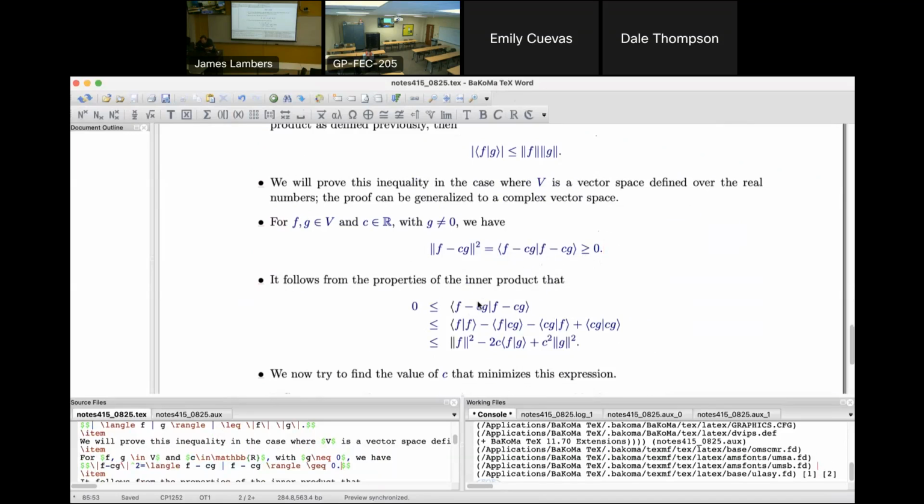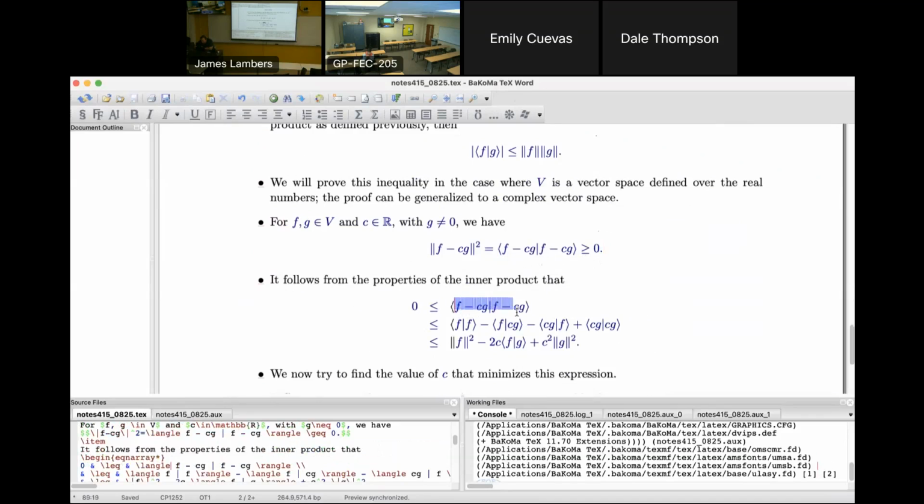Now, here's something that's important to be aware of. Using the distributive properties of a scalar product, this scalar product, with each argument having two terms, can be broken down into four separate scalar products. Basically just multiplying it out. So using this distributive property, you get these four inner products, or scalar products.